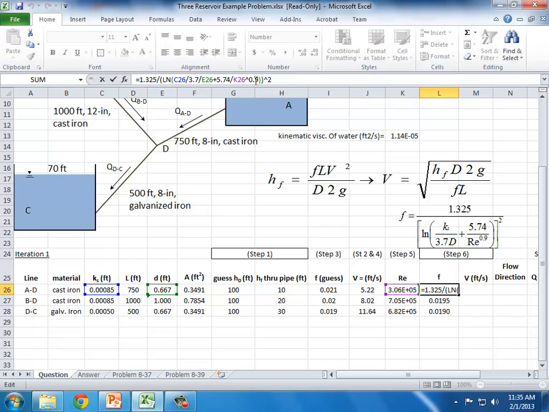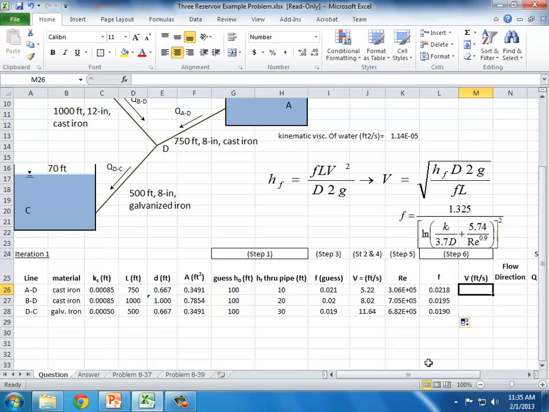Okay, so we're going to now find a new velocity using the same equation as before, still using the modified Darcy-Weisbach equation. So again, velocity is square root of h sub f.